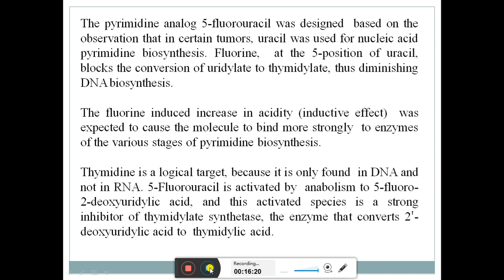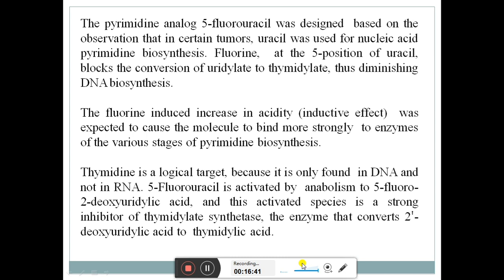It blocks the conversion of uridylate to thymidylate, diminishing DNA biosynthesis. So in this way it acts as an inhibitor of DNA biosynthesis, and further cell growth and all the steps of cell division are inhibited.